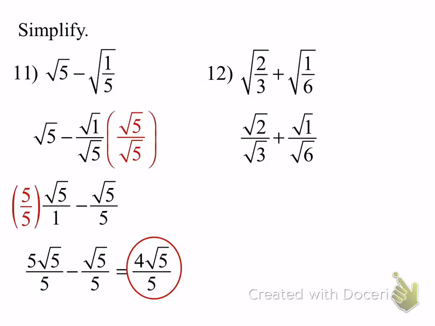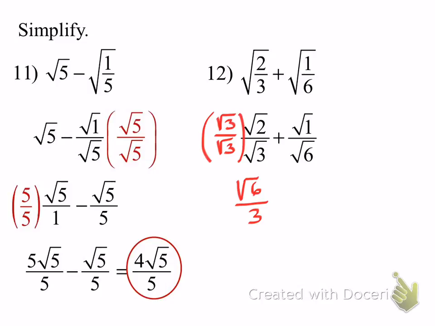Then I'm left with radical 6, and I've got to get rid of that too. What could I do to get rid of the radical? I might do this in 2 steps. Radical 3 over radical 3. Okay, so now I've got radical 6 over 3.